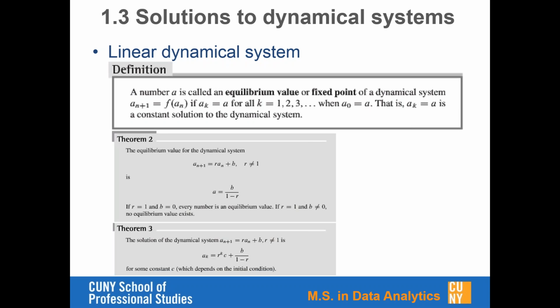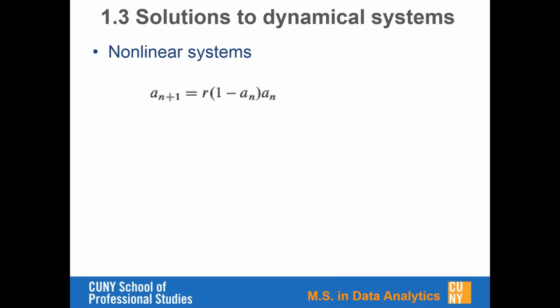If r equals 1 and b is not 0, no equilibrium value exists. The book itself actually has a more detailed discussion of this example for the linear dynamic system. Our homework touches upon this one as well.